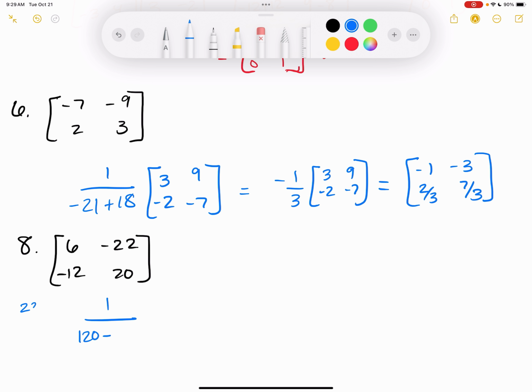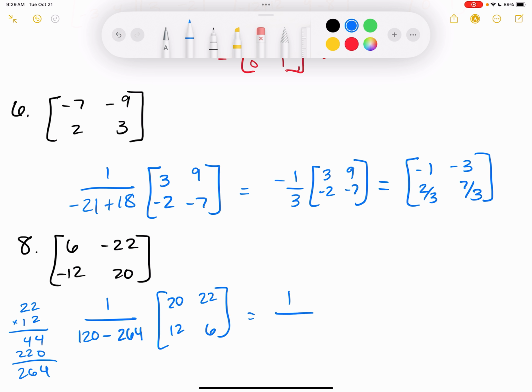Calculator, where are you? What is it? 264. Minus.